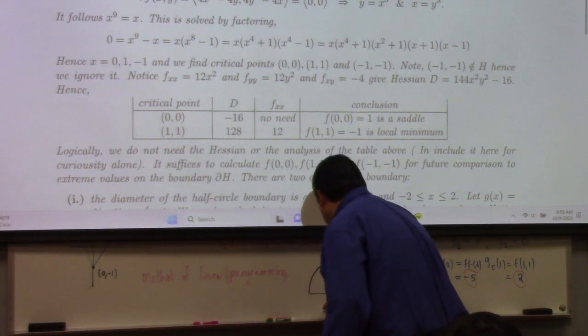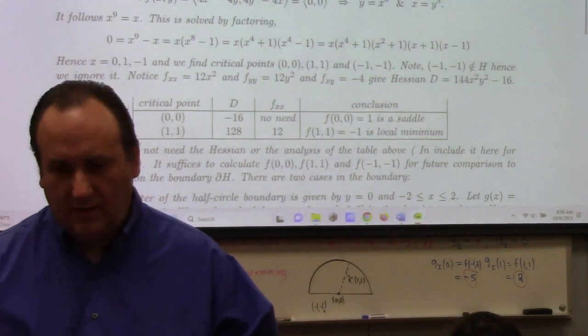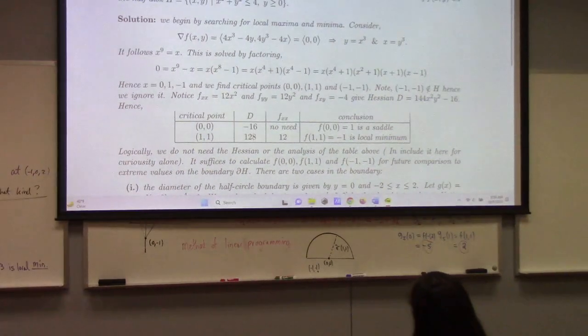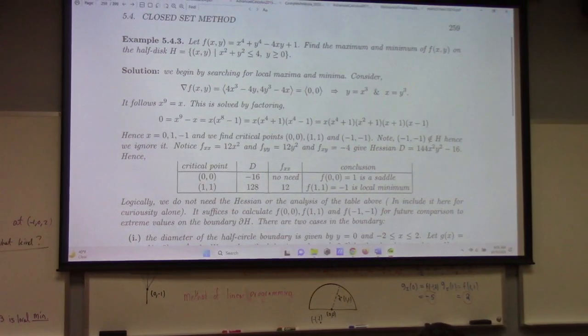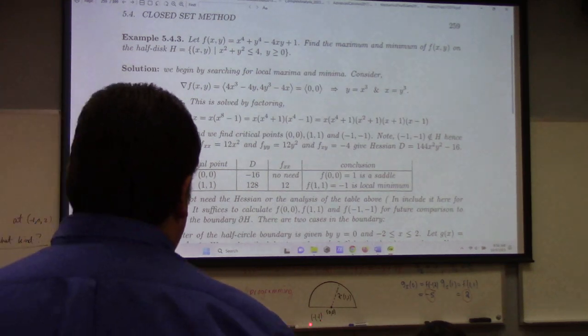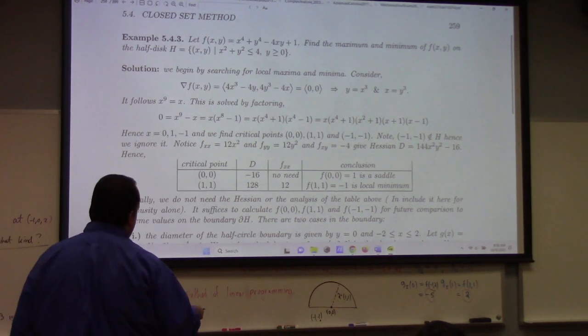But minus 1, that's out of the running. So that critical point need not concern us because it's outside the domain of consideration here, right? See that? It's down here, so it doesn't count. So we only need to look at the origin and 1, 1.